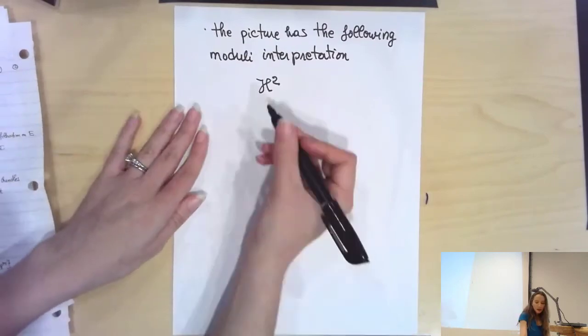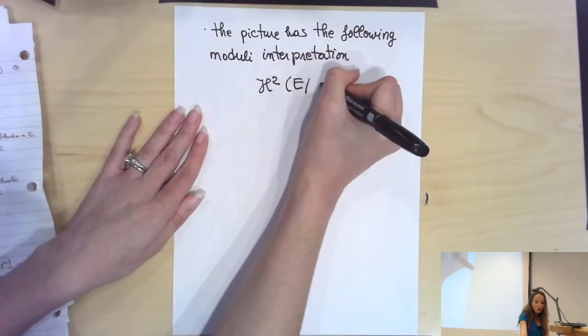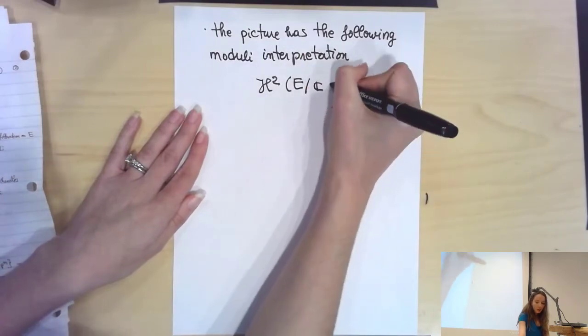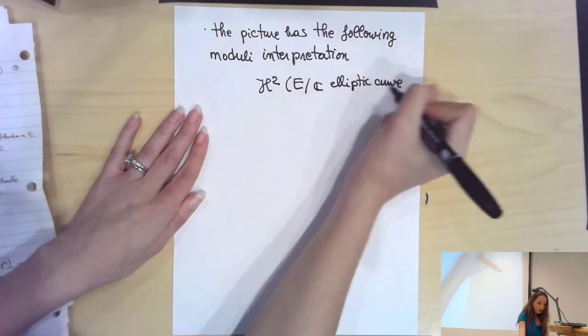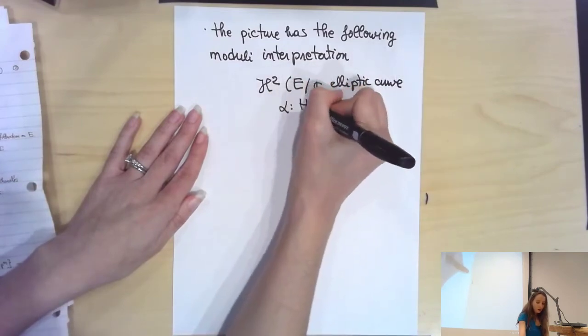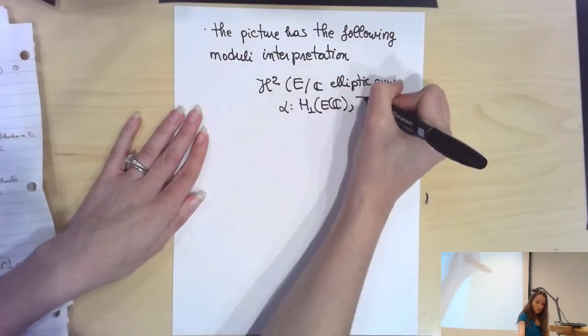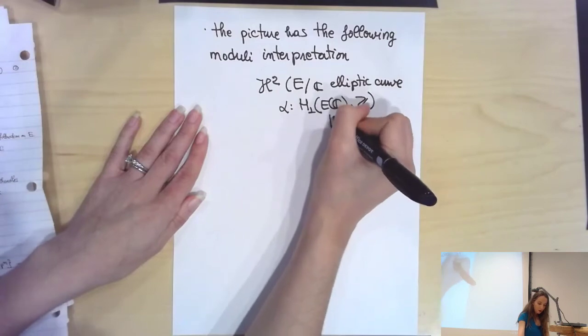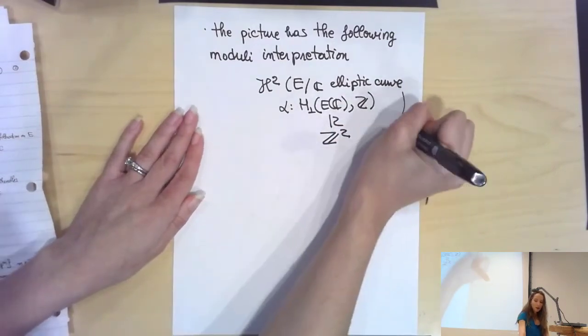And so in that sense, what H parameterizes is an elliptic curve over C together with a trivialization alpha of the first singular homology. So you identify it with Z squared. So that's what you have here.